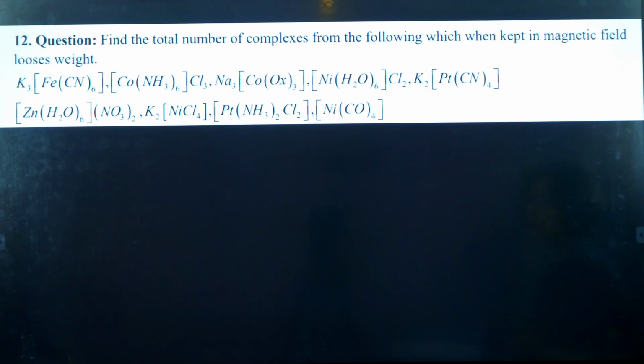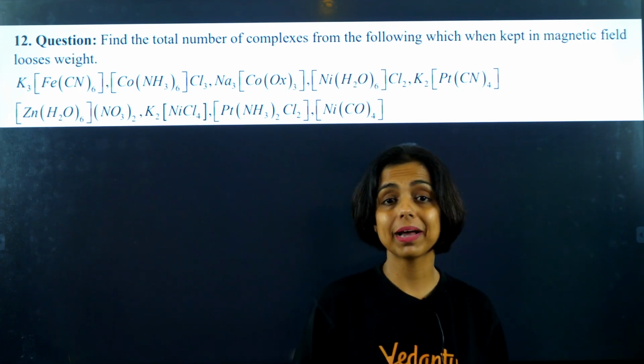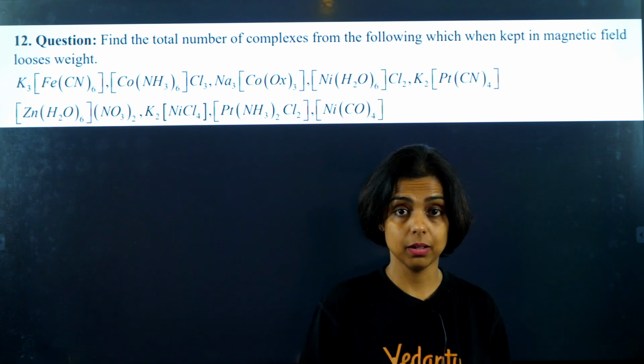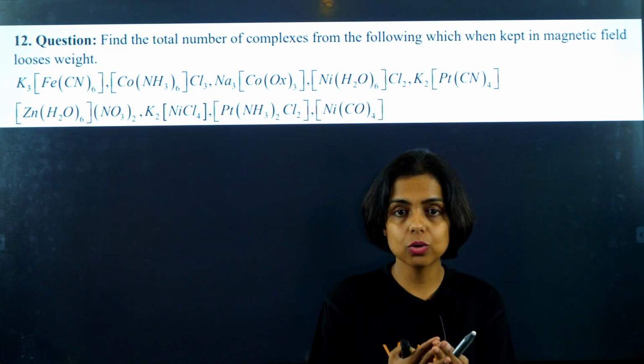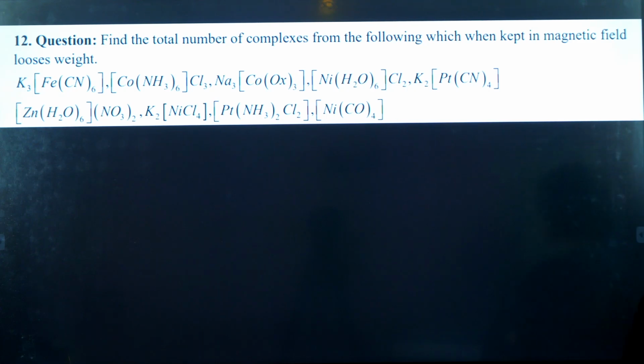Now find the total number of complexes from the following which, when kept in a magnetic field, lose weight. So which will lose weight when kept in a magnetic field? The diamagnetic species, in which the electrons are paired. So you have to figure out the diamagnetic species which repel the external magnetic field and lose weight, right guys?